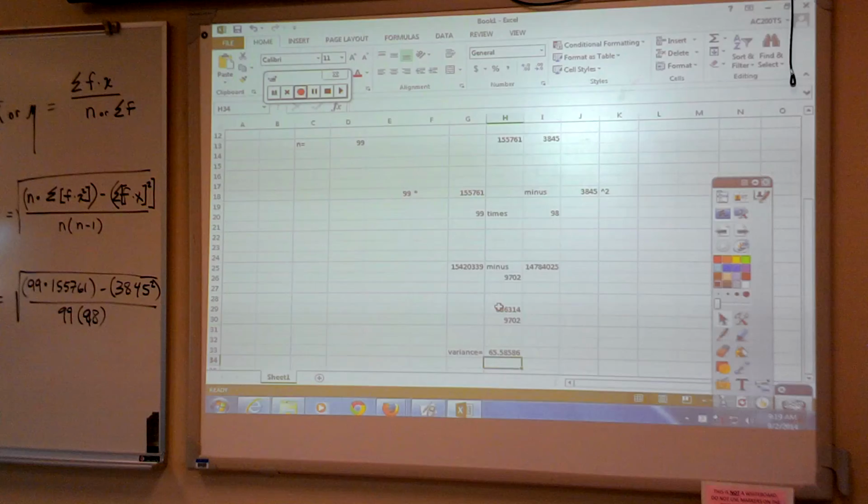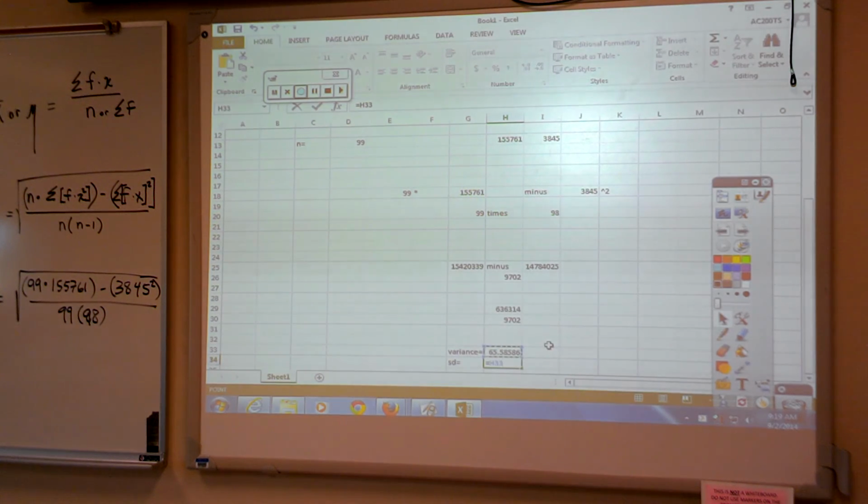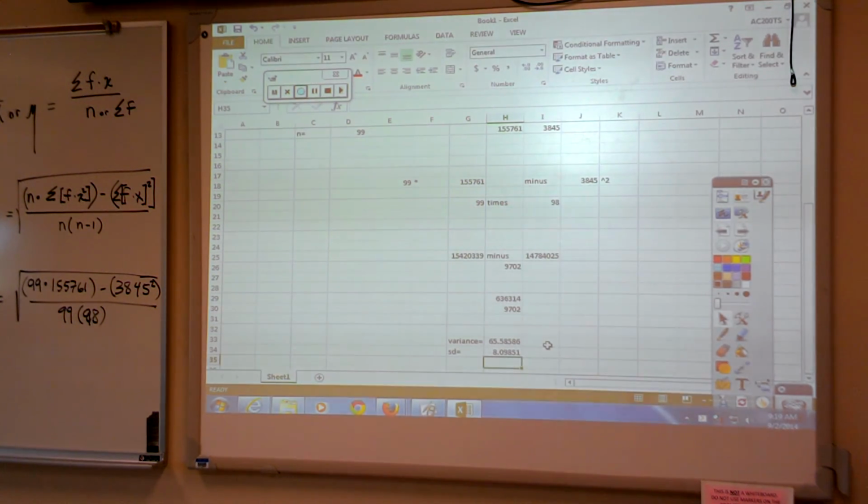Now your variance is not very important, so don't worry about it. But if you want to find your standard deviation, take the square root of the what? So standard deviation is equal to the square root, or just take this raised to the 0.5 power, and there is your standard deviation.